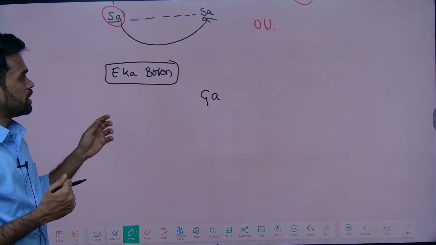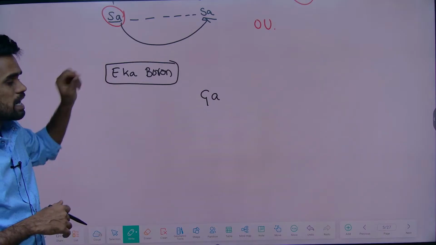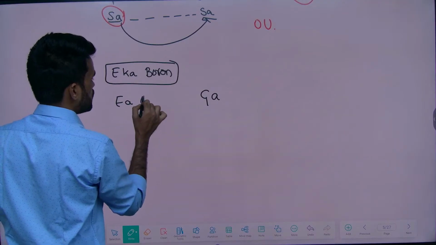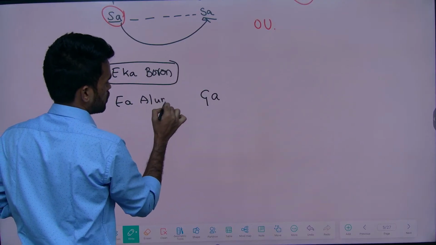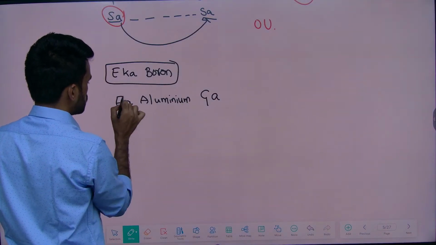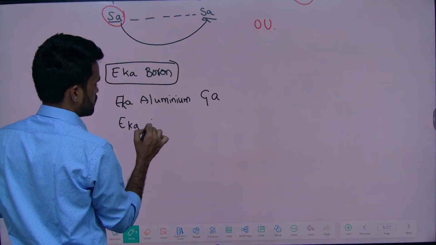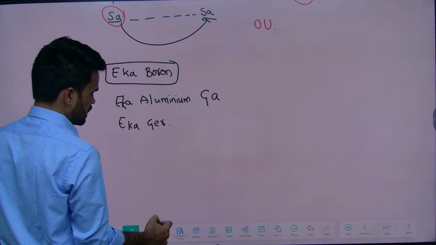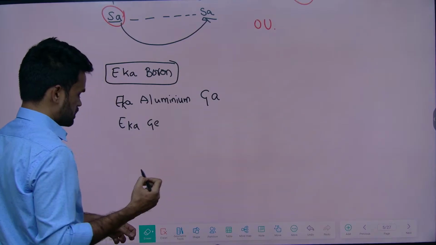Later they found elements which fit exactly there, like Eka-aluminium and Eka-silicon, which is germanium. Like this, he gave some empty spaces with predictions.